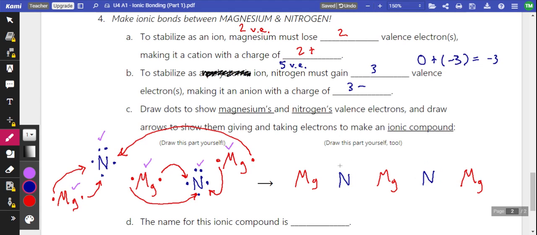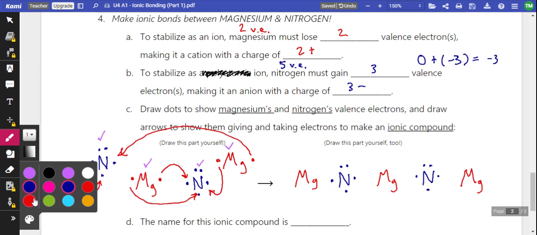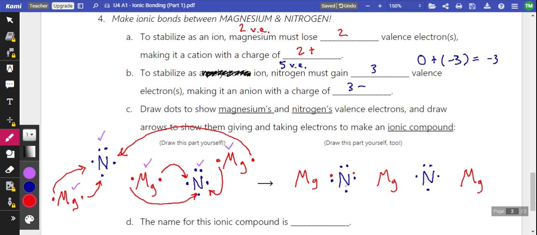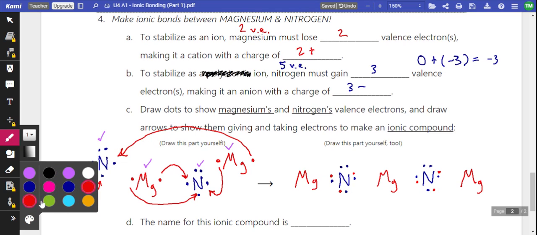The nitrogens have their original 5 valence electrons, plus 3 that they were able to get from these other magnesium ions as they gave up those electrons. Right? So my magnesium should have no valence electrons left showing. Right? Now, in order to make sure this isn't a cluttered mess, we're going to put these guys in brackets.